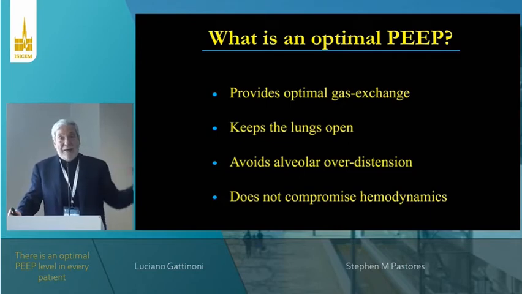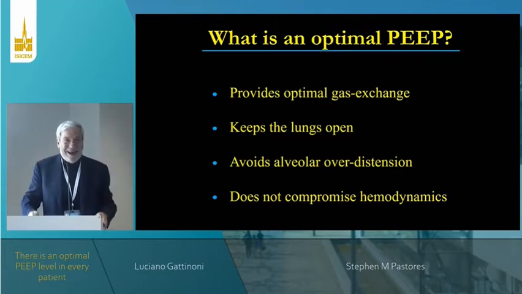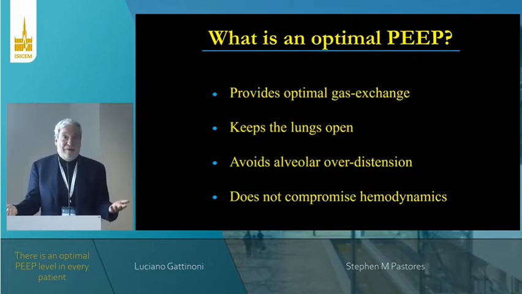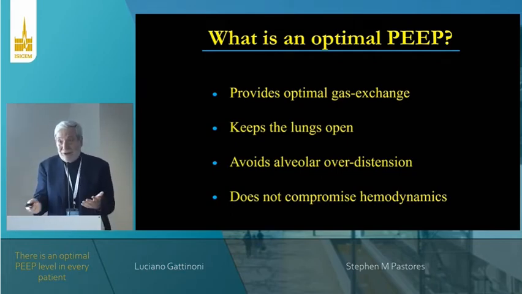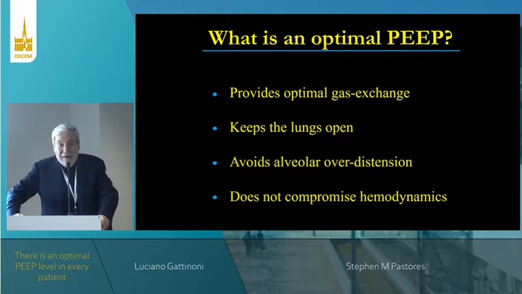And Marcelo Amato for years said you have to use great PEEP to keep the lung open and so on. Then you have to avoid alveolar overdistension, of course, because alveolar distension is very bad. And this is more neglected.